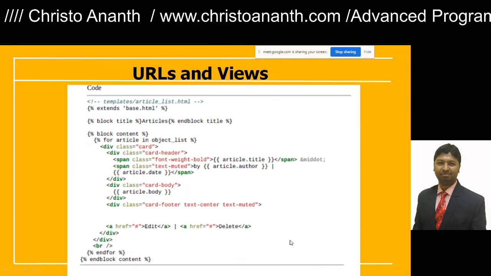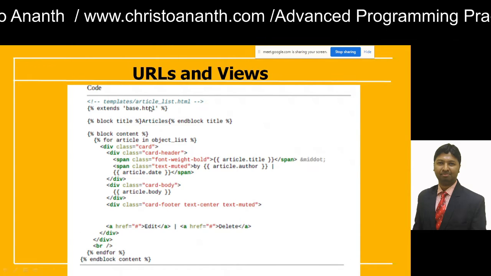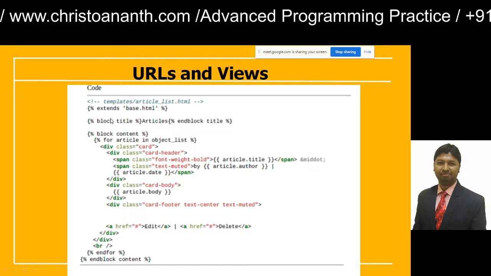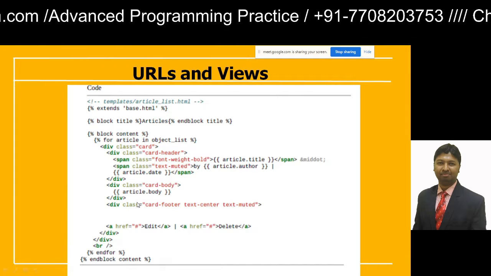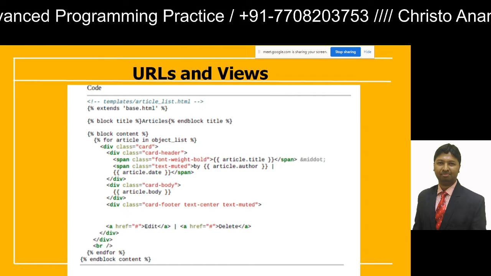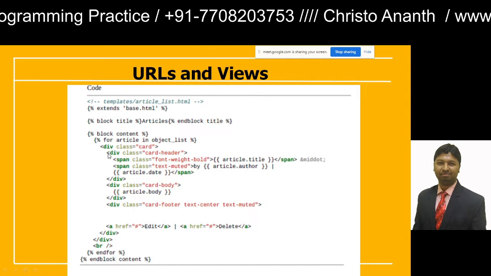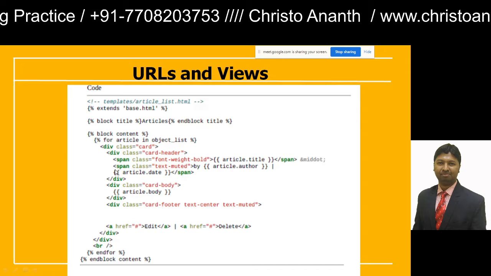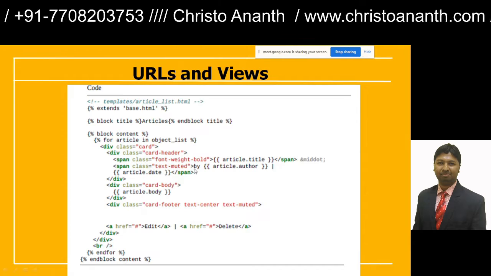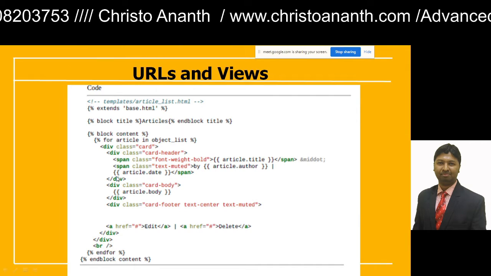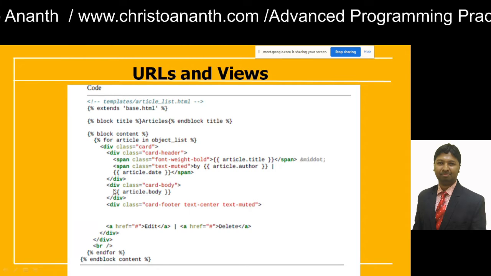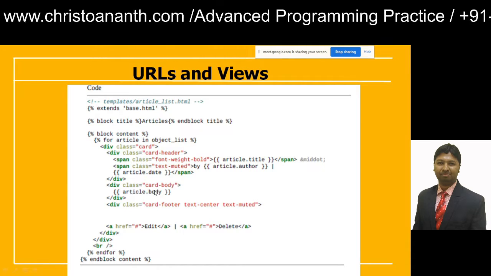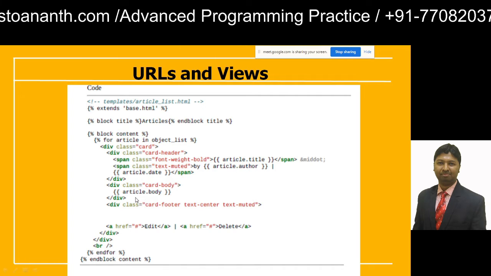So there you can go with this article_list.html. You extend the base.html. Of course, you have block title and then endblock title with articles and block content. We have div class equal to card, div class equal to card-header, span class equal to font-weight-bold. This is the settings you are going to set. Span class is equal to text-muted, and then close the div, and then again div class equal to card-body, and then we have the article body.